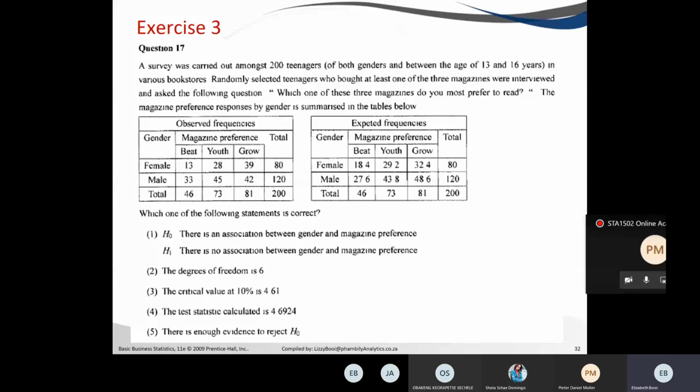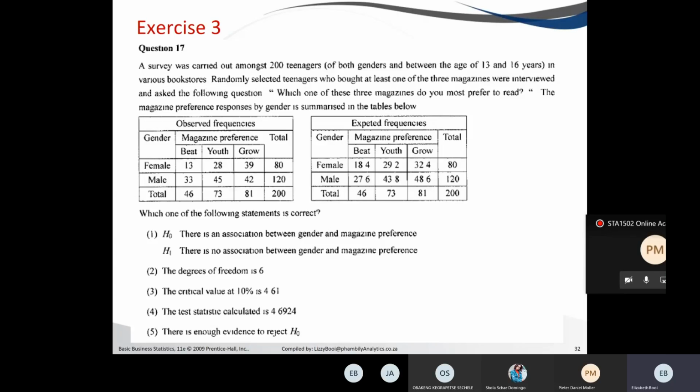The last exercise, and then it will take us to the end of the session. You have the 2 tables, one with the observed and the other with the expected frequencies. What they're asking you is to find the correct answer. In this instance, I just want you to find the answer without going through all of options 1 to 5.